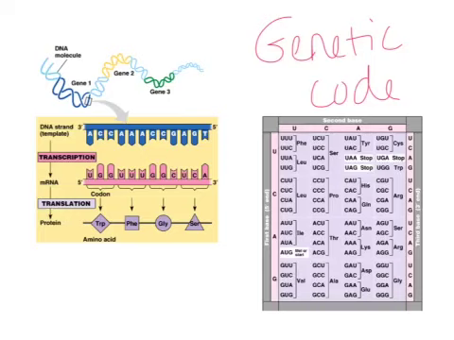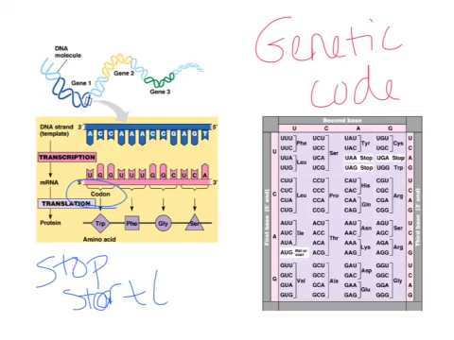Your amino acids are coded for in groups of three called codons, and when we use those groups of three to read our chart, we can determine which amino acids we have. There are codes for both stop as well as start.